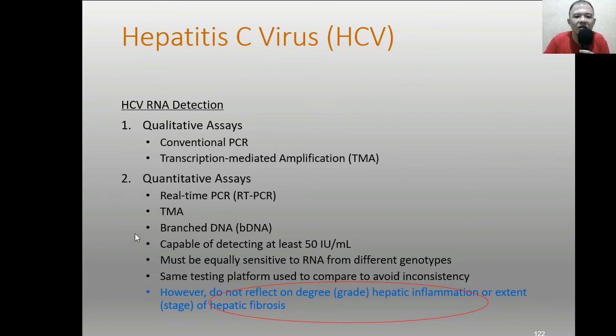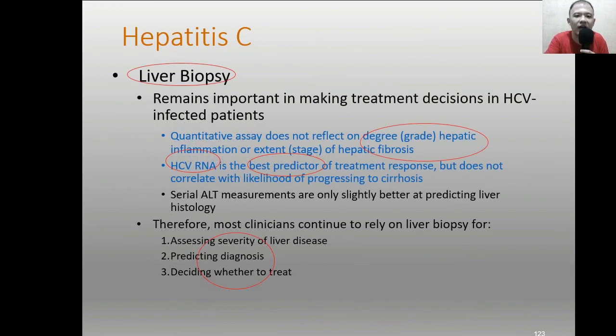But take note, in measuring the RNA of the hepatitis C virus, it does not reflect the degree of the hepatitis and the fibrosis. Why? We need the liver biopsy.